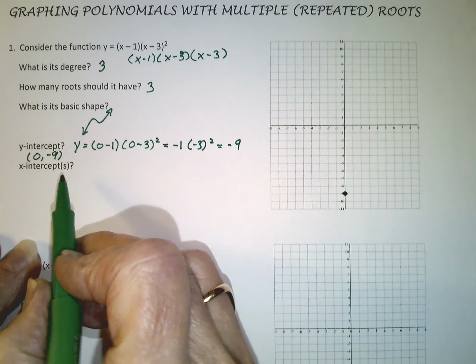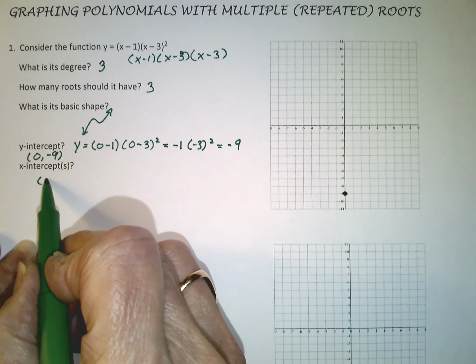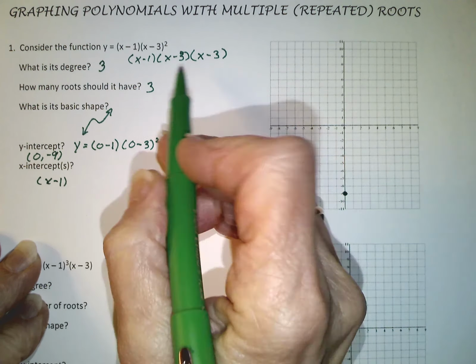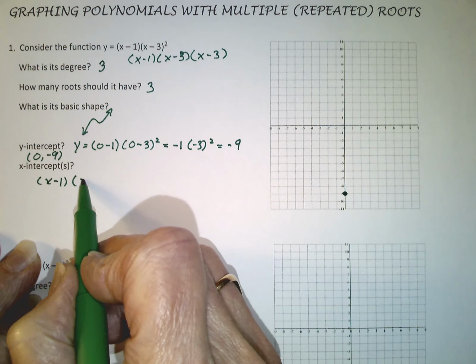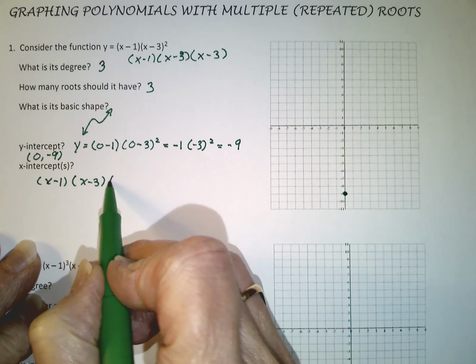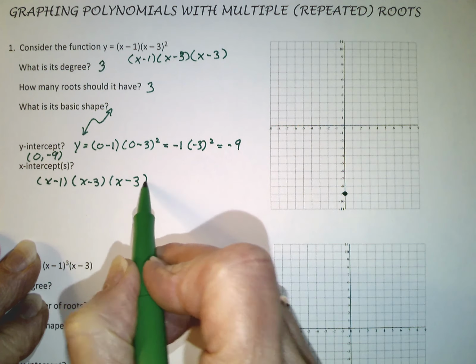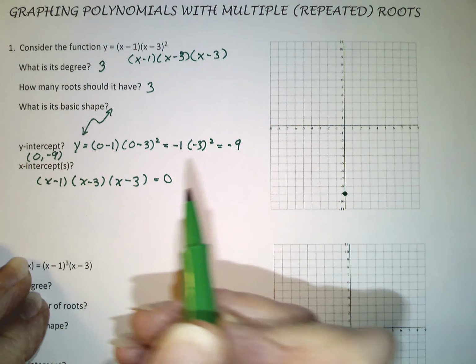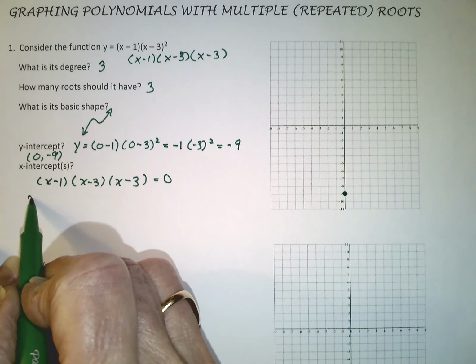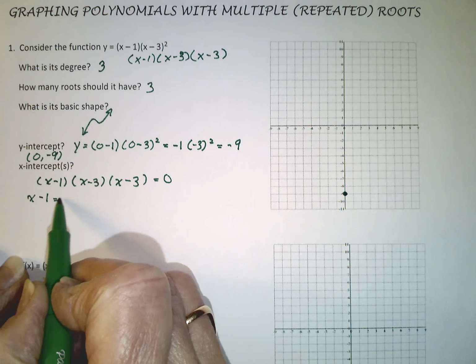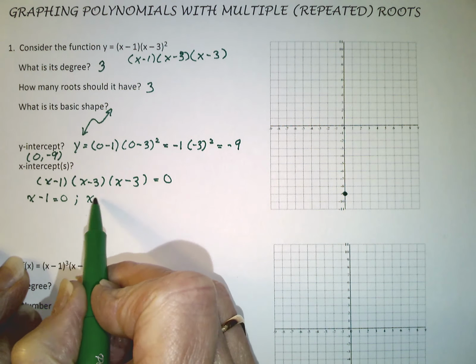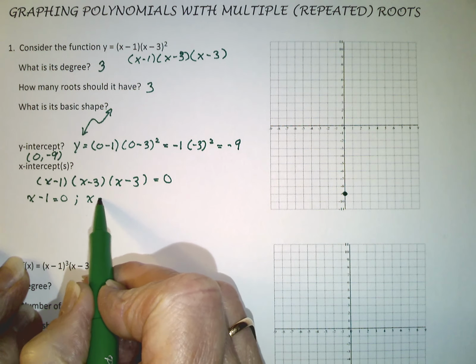X-intercepts happen when y is 0. So we'd have that x minus 1, and I'm going to use the factored form here, that has to multiply out to 0. And the only way that can happen is if one of these factors equals 0.